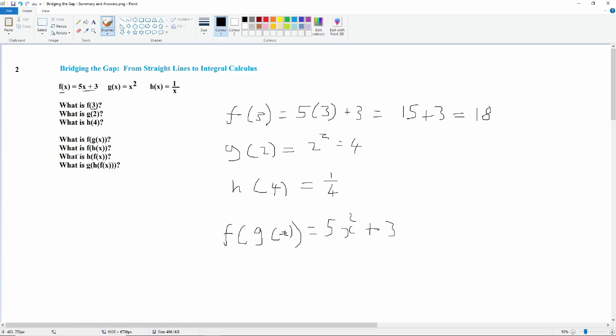Okay, so what is f of h of x? Okay, so f is 5x plus 3. Actually, I'm going to write this here. f of h of x is equal to 5x plus 3, and we're replacing x with h of x.